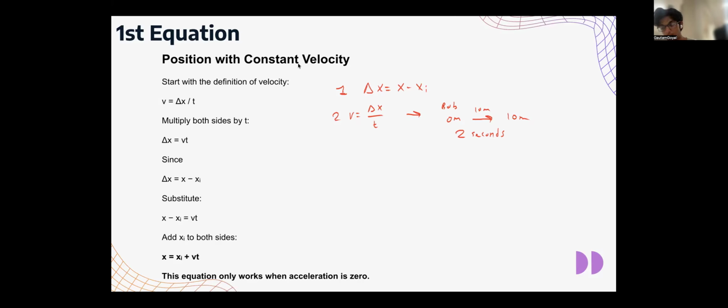Because if he's covering 10 meters of distance in 2 seconds, he's most likely covering 5 meters in the first second and the other 5 in the next second, which we can just say is 5 meters per second, right? Does that step make sense to you guys? Yes, yes.